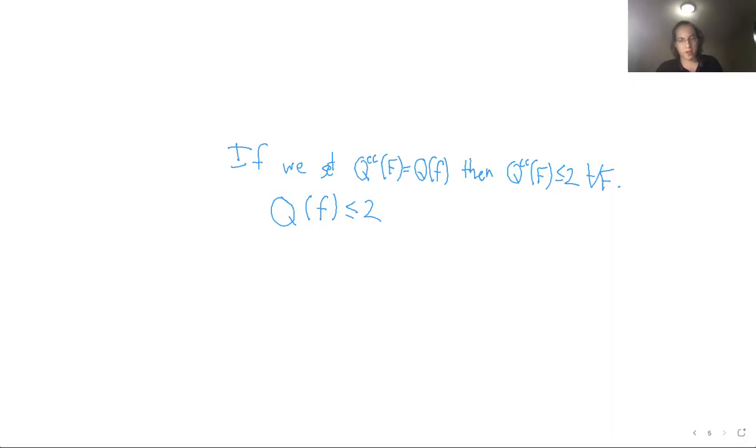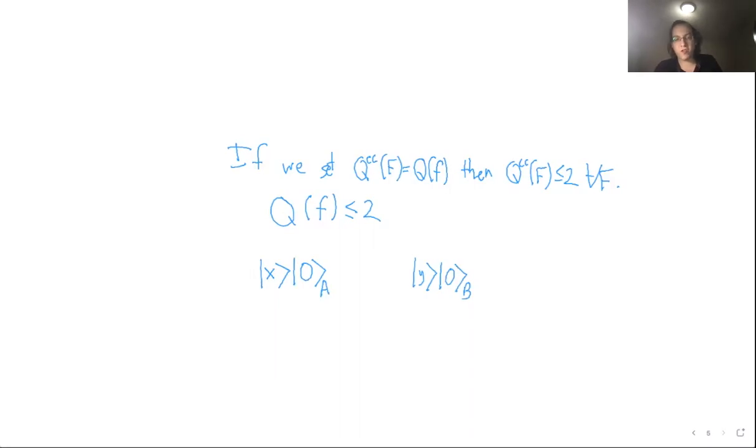We basically have to model Alice as getting an input x, and she will start with this superposition x and 0 in some A register, the Alice register she controls, and Bob will start with y and a 0 in some Bob register that he controls. And there will be a message register C on a single qubit that they pass along.